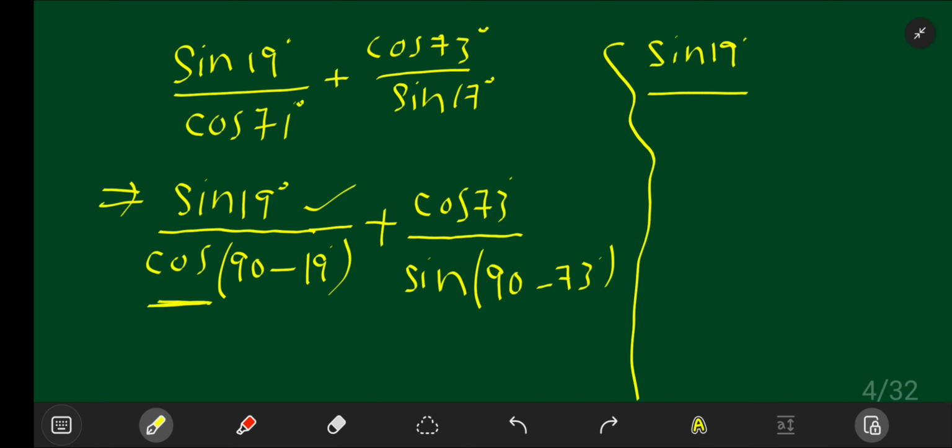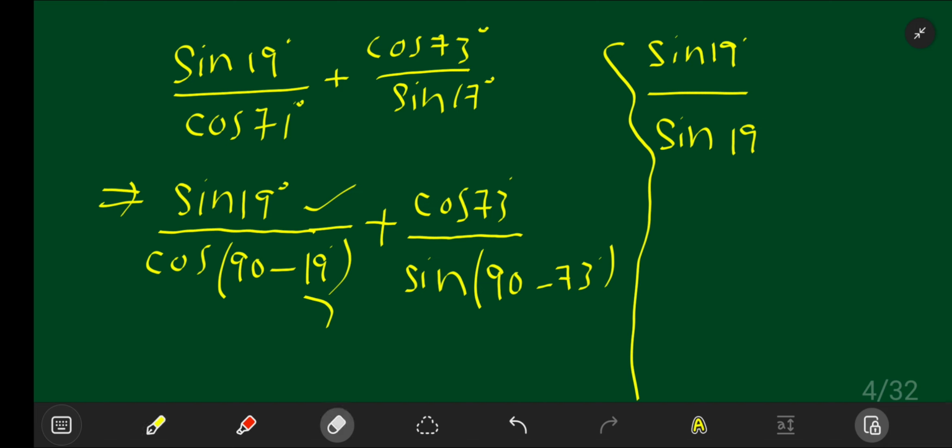So cos changes to its complement, that is sin. 90 minus theta, 19 degrees, in the sense it comes to first quadrant. In first quadrant all are positive.